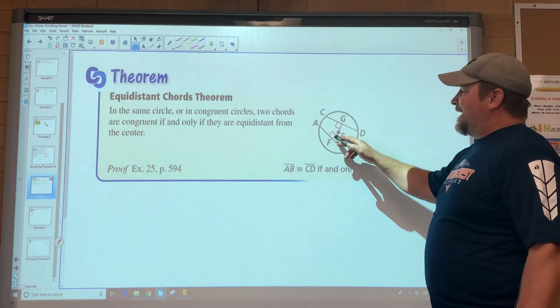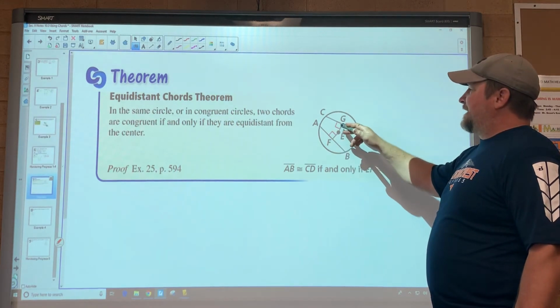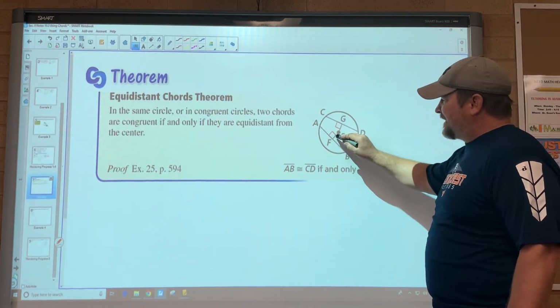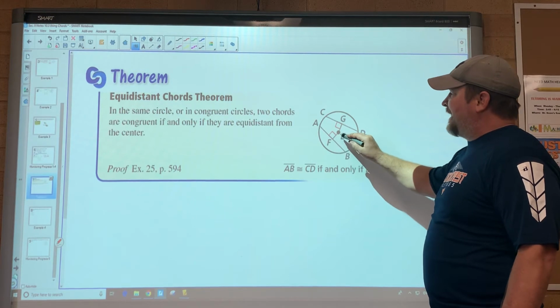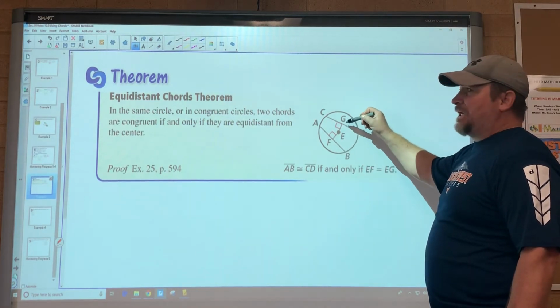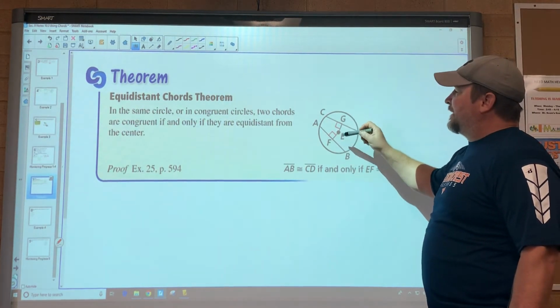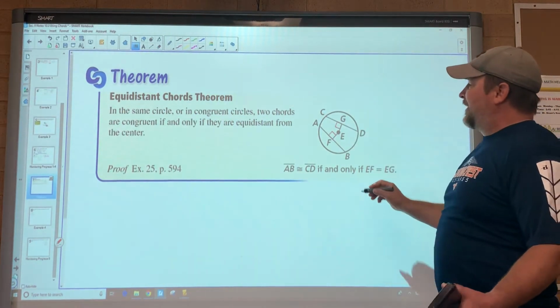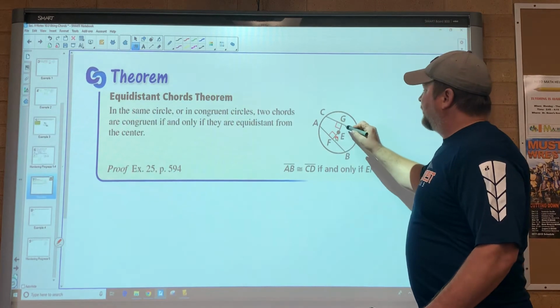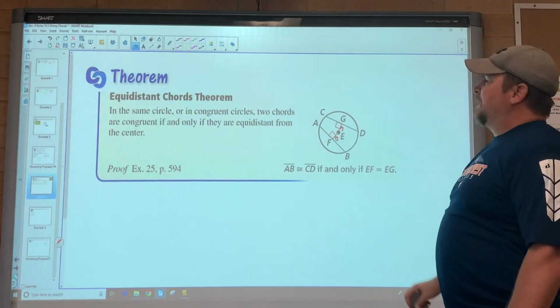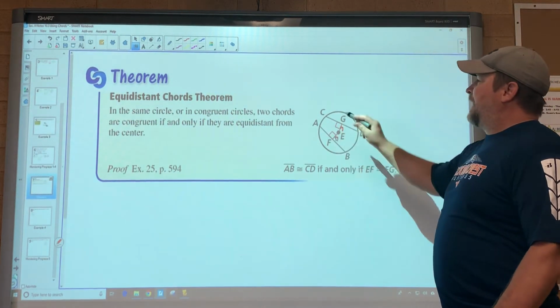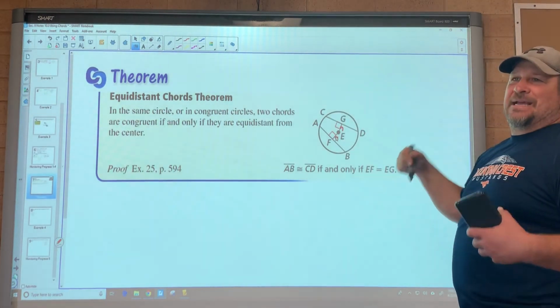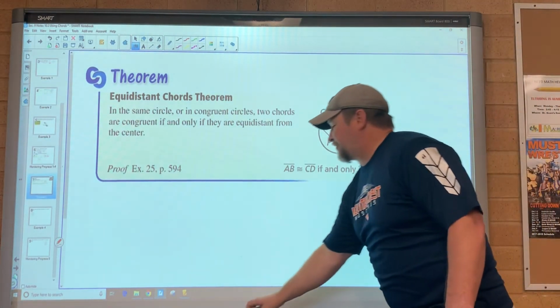If you see a 90 and you see a 90, and then you see that we have F to E is congruent to E to G, if those are congruent, then our chords will be congruent. So if F to E was 7, and this was 7, then we would know that AB and CD would be the exact same length. And that's what they're trying to show you right there.